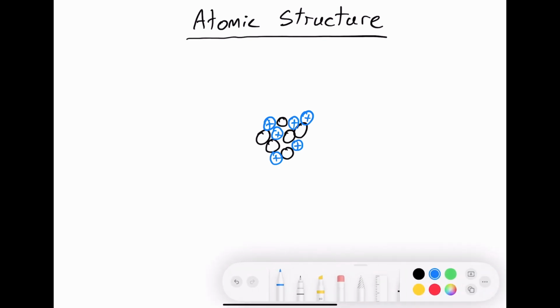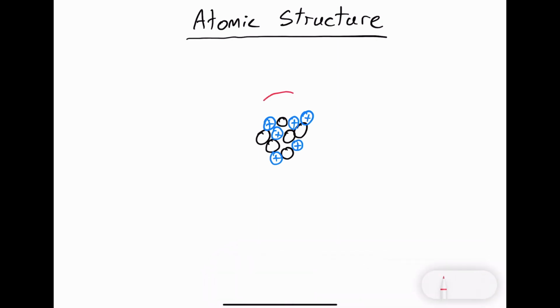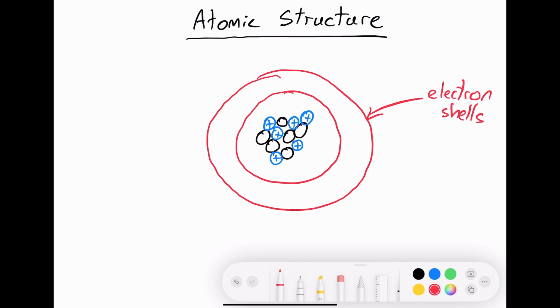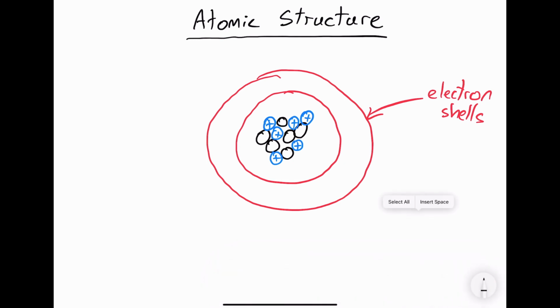Then around the nucleus, I'm going to draw the electron shells. These are sometimes called orbitals or energy levels, but we're going to call them electron shells. And then on the electron shells, we find the electrons.